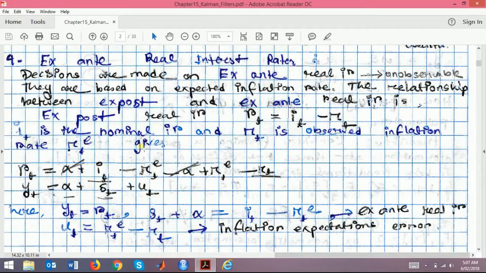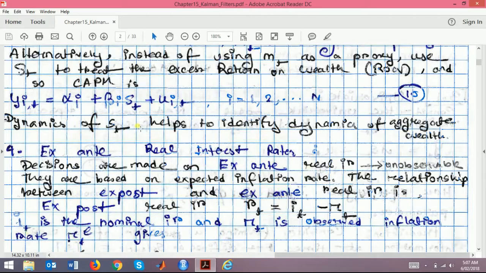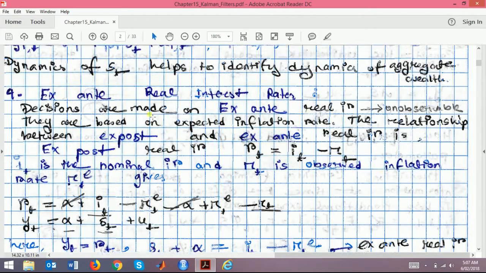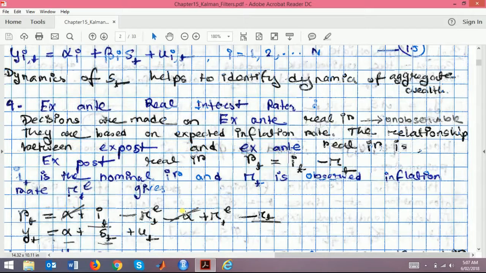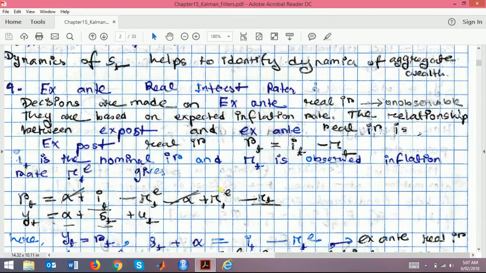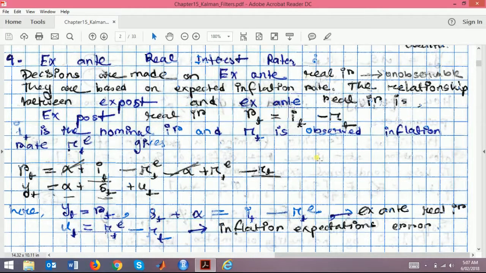So, rewriting the interest rate, we have r_t = alpha plus the ex ante rate minus the ex post rate. So we are doing what? So what are we doing here actually?